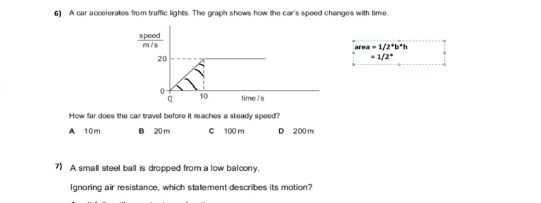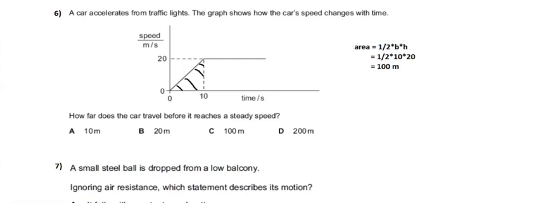You can see this is a right angle triangle, and here the base is 10 and the height is 20 meter per second. This height is on the y-axis, you can see this is 20. So if you calculate this value, it is half into 20 into 10, that is nothing but 100 meter.